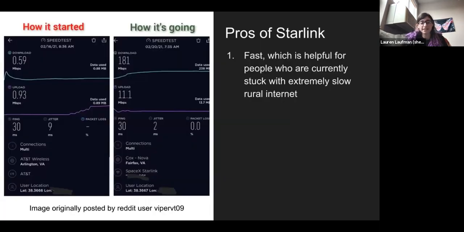So this is an image posted by a Reddit user in the Starlink subreddit, showing that Starlink is in fact incredibly helpful if you can afford it, because I feel that I should at the end of this talk admit the pros and cons, and the pros are important too. And it's fast. It's really fast. Standard rural internet in the United States is pretty atrocious, like less than a megabyte per second.